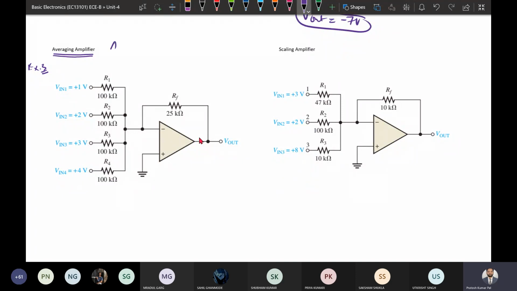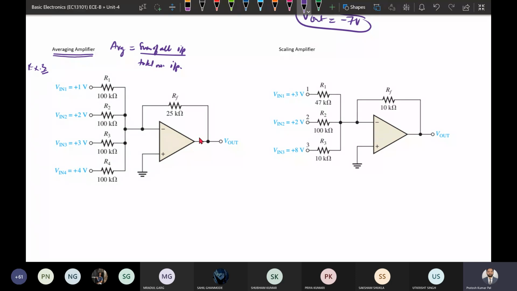Average is the sum of all inputs divided by the total number of inputs. So suppose there are 4 inputs, then the sum of all the inputs will be at the top and divided by 4 at the bottom.